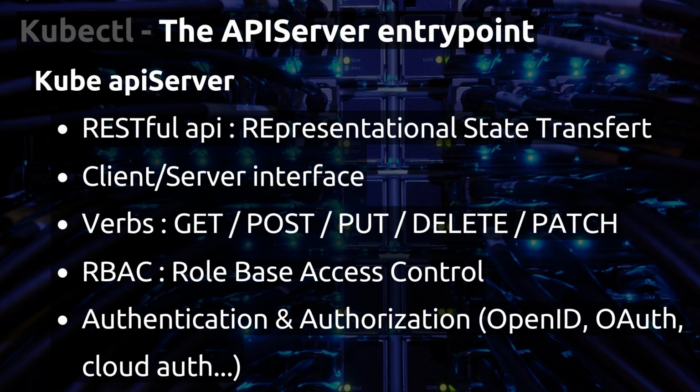For example, GET: when you want to list pods in a namespace or your cluster, you can do a GET with your HTTP request. Of course we will use kubectl get, not curl, but we discover it with the curl command. This is very interesting to do.